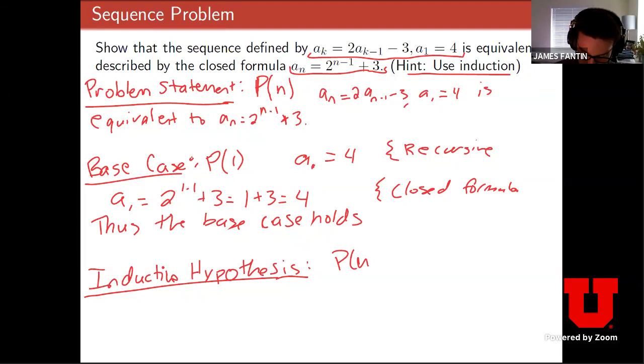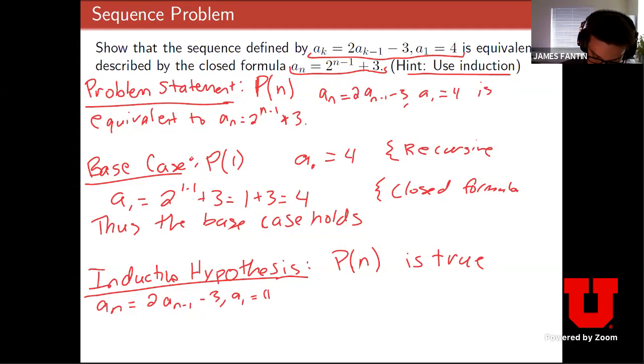So for the inductive hypothesis, we're going to say that P sub n is true. In other words, whenever we see a sub n equal to 2a sub n minus 1 minus 3, we can replace it with a sub n equal to 2 to the n minus 1 plus 3.